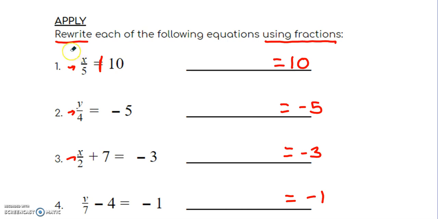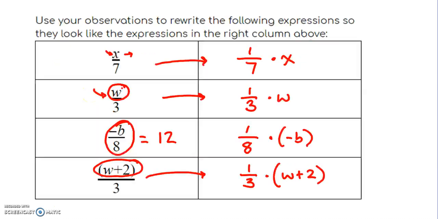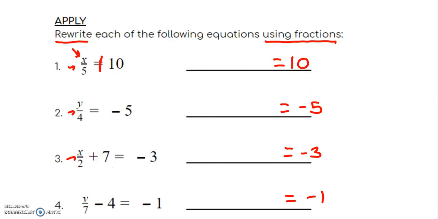So, looking at number 1, we're taking something and dividing it by 5. Going back to the pattern we just found, dividing something by a number is the same as multiplying it by a fraction reciprocal. So x divided by 5 is the same thing as 1/5 times x. And now this is an equation that I know how to solve.